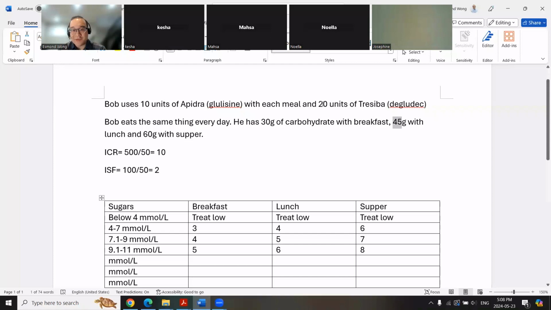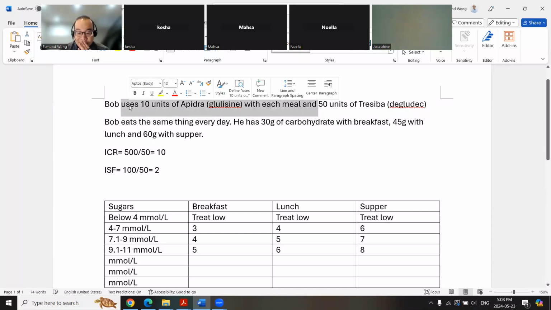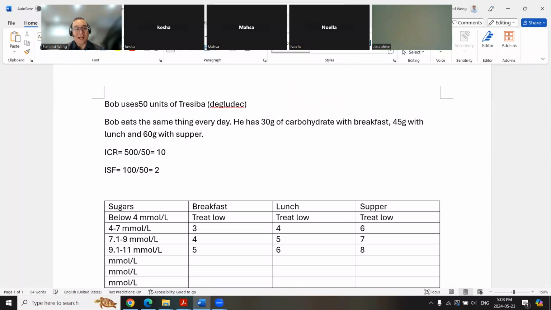Let's just say he just takes 50 of Tresiba. That's easier to do the calculation. Thank you, now that makes sense. Now you take 3 and 4 and 6 and so on. So that's a way you would calculate a sliding scale for your patient.